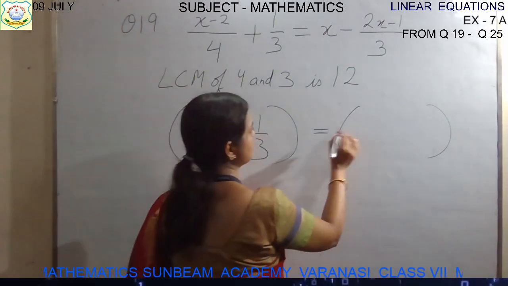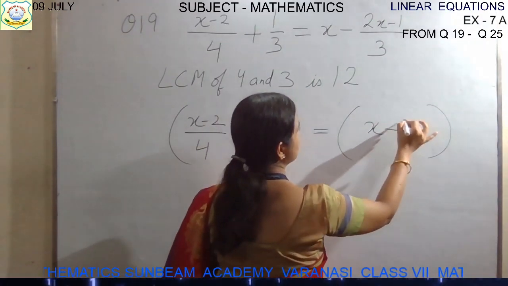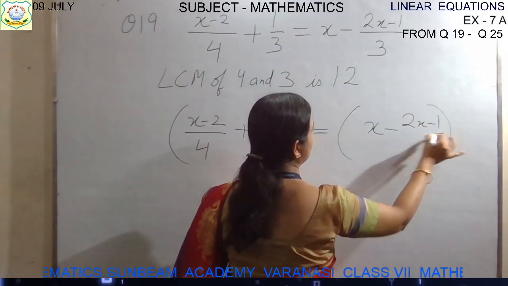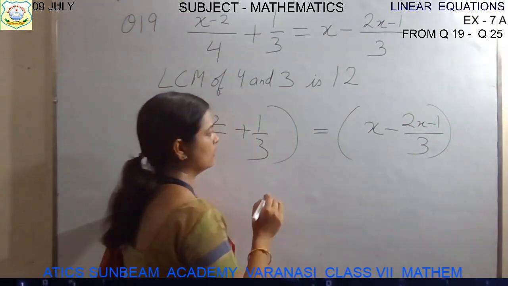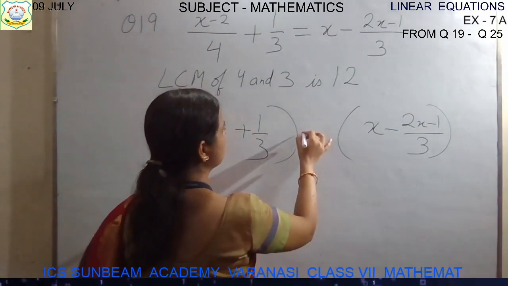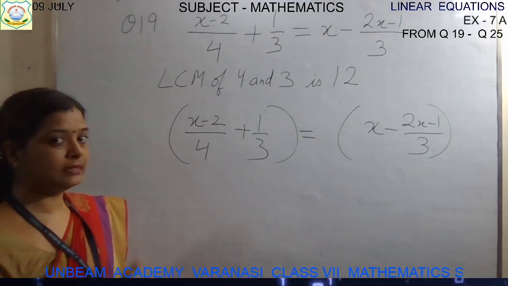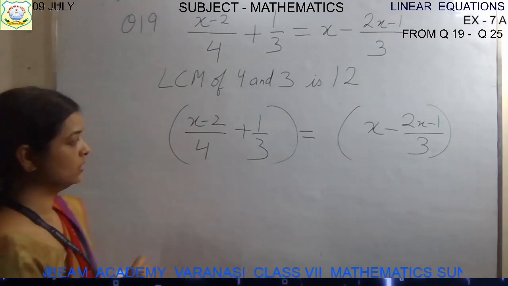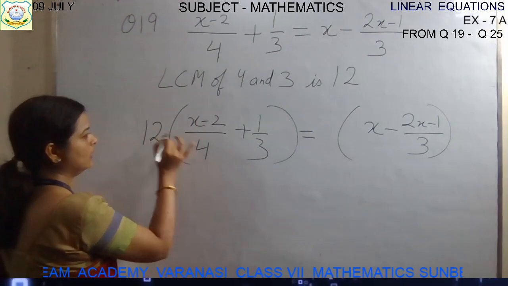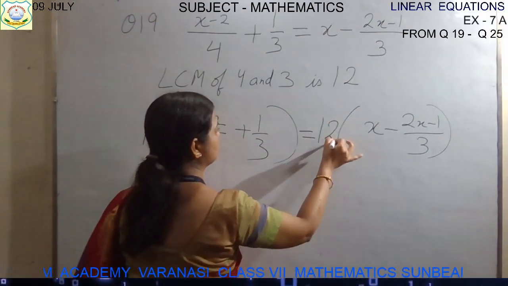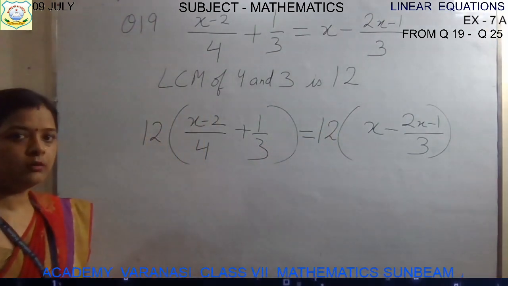And RHS is x minus (2x minus 1) by 3. We have to multiply both sides by the LCM of the denominators. So, multiply 12 on both sides.